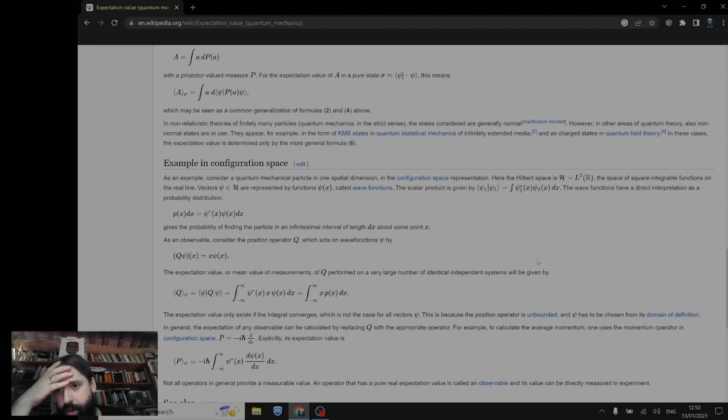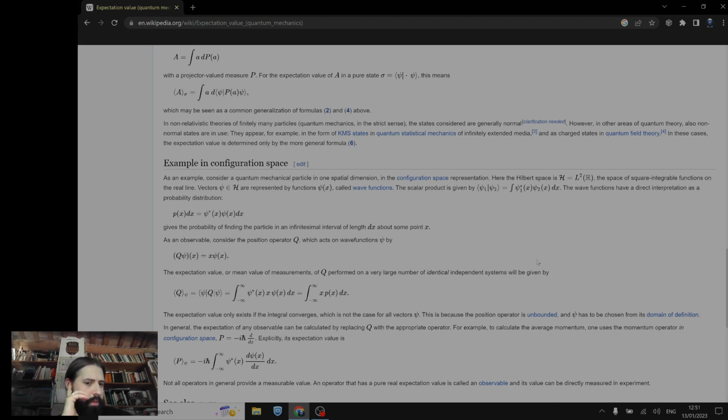The wave functions have a direct interpretation as probability distribution. Okay, so you're doing that because essentially that's how you calculate the probability distribution.